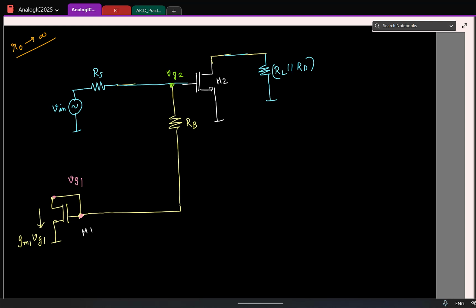Is this fine? Any confusions? So here it looks like this node voltage is VG1, and from this node I am drawing a current that is proportional to VG1. So how can you model this as a resistor? What is the value of the resistance?